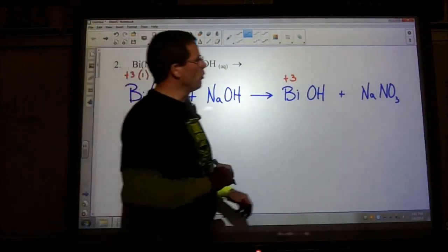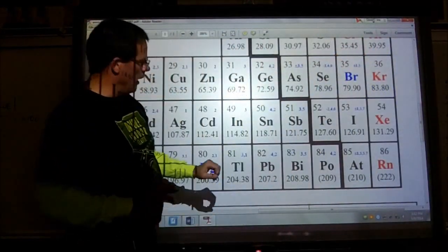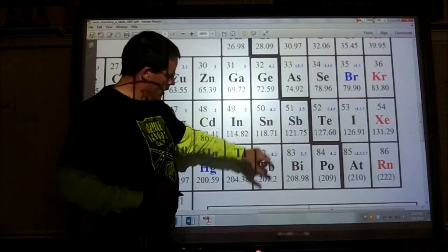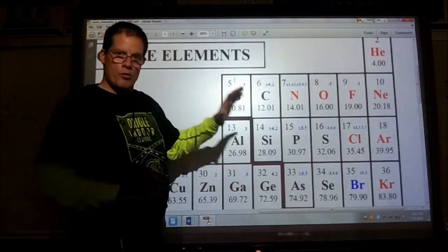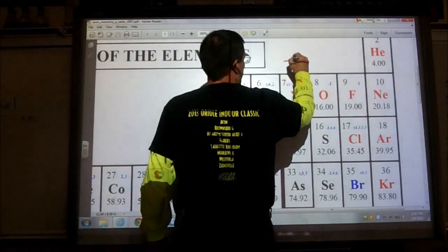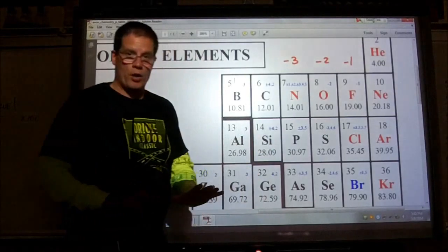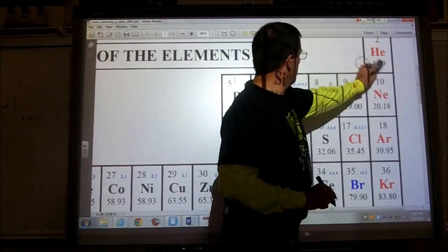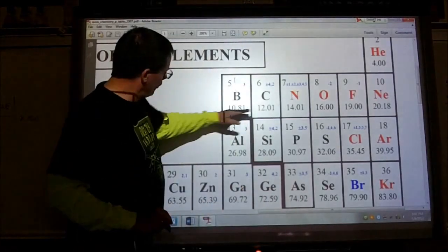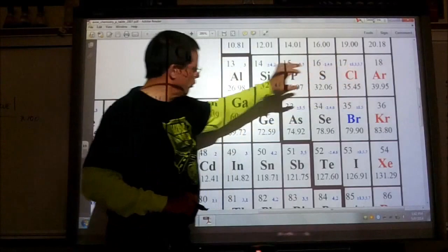Now I did have a few students look at the periodic table and notice that bismuth, even though it's in the same column as nitrogen, true, these do have a -3, -2, -1 charge. Very good. But that's for non-metals. When you look at this stair step, it separates the non-metals from the metals.